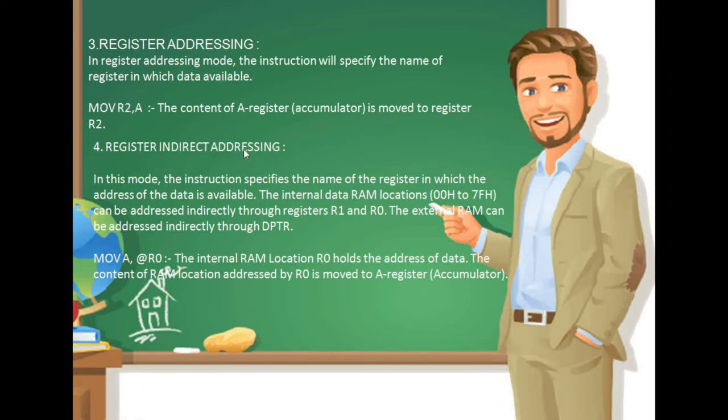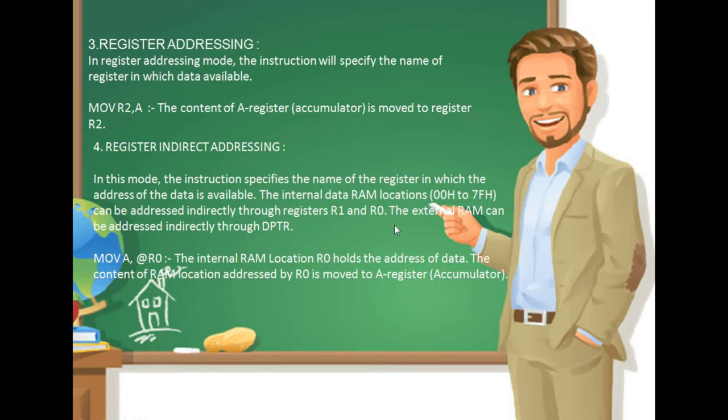Coming to the next one, register indirect addressing mode. It means here we are getting the address in an indirect fashion. In this mode, the instruction specifies the name of the register in which the address of the data is available. The internal data RAM locations, from 00H to 7FH, can be addressed indirectly through the registers R1 and R0. The external RAM can be addressed indirectly through the data pointer.